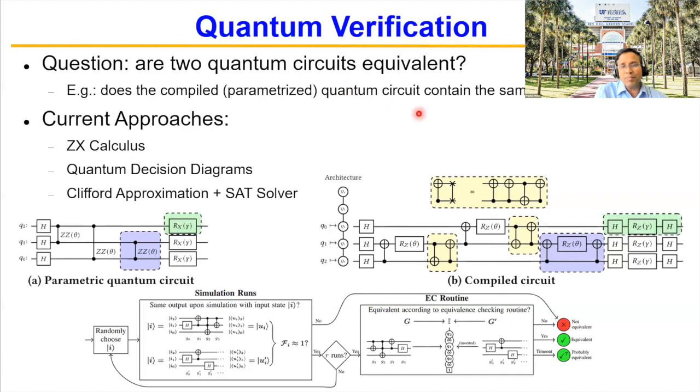But then there are other problems also known as the quantum verification problem, which is similar to the classical domain. If you have a parameterized circuit, which you can call a specification, and then you have a compiled circuit, which you can call the implementation, how do you know that no errors were introduced during the compilation step? Are they equivalent? Of course, the definition of equivalent is slightly different, but nonetheless, the end result is the same.